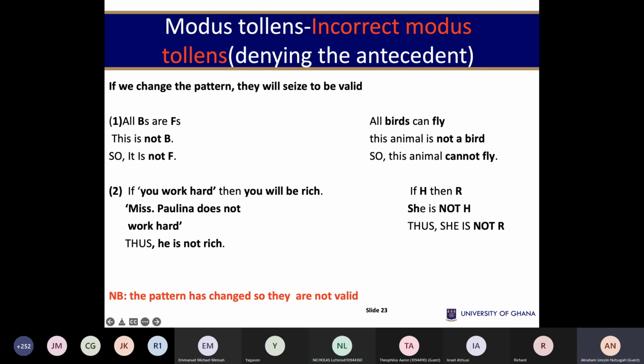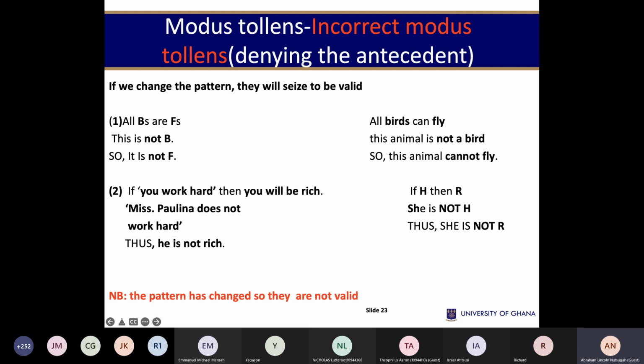So we are using the incorrect pattern. We've changed the correct pattern to incorrect. Once we've changed that, it means that it is a fallacy. We have committed a formal fallacy, and the name of that fallacy is denying the antecedent, as you can see in the brackets here on top.